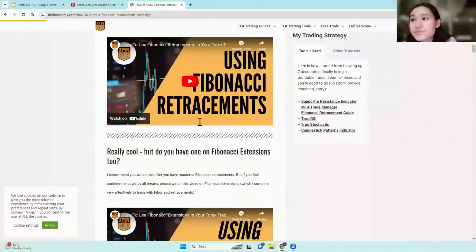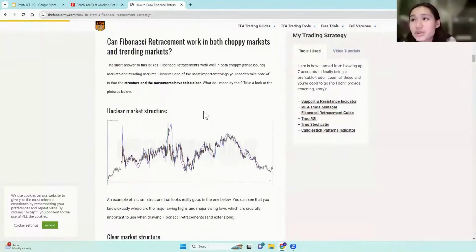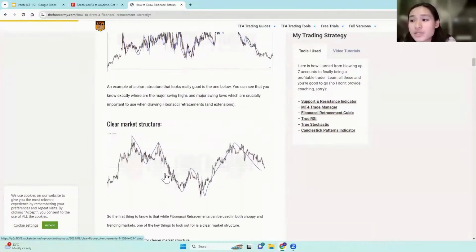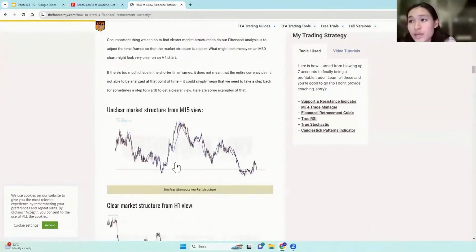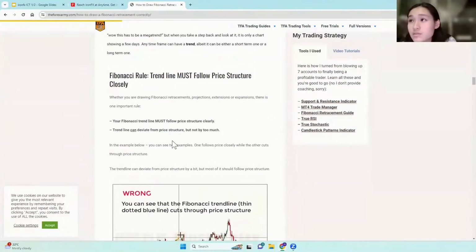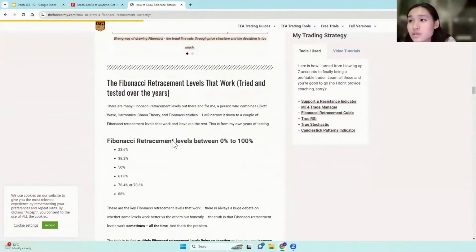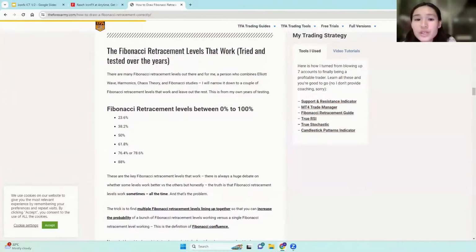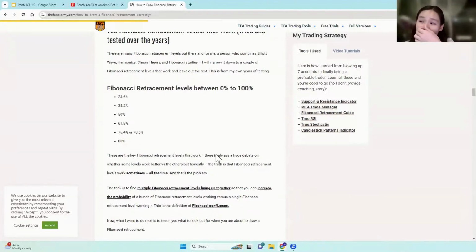There are some videos that you can take note of, the market structure to keep an eye out for. If you're looking at using the ICT to find an optimal trade entry, they recommend using a Fibonacci between 61.8 and 78.6.